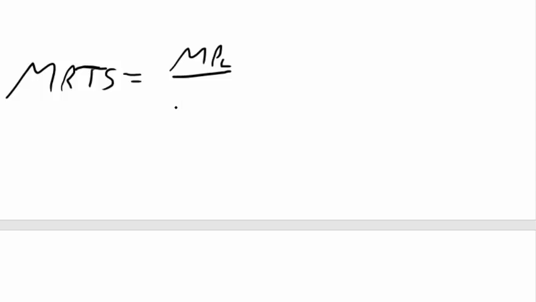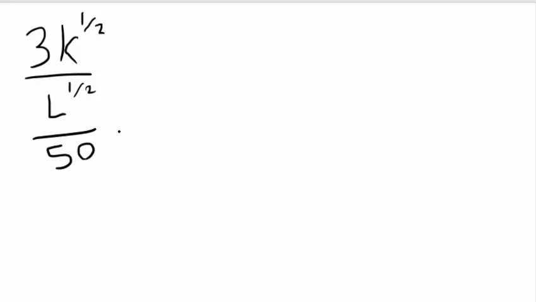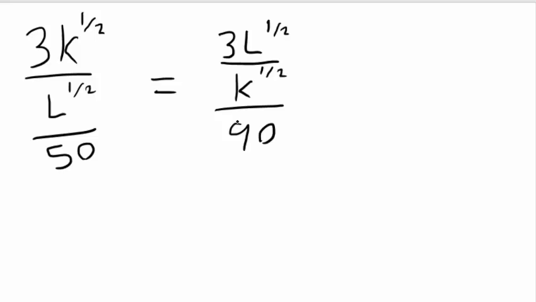And so we can use the relationship stated by the marginal rate of technical substitution, which states the marginal production of labor over the marginal production of capital is equal to the price of labor over the price of capital. So if we start plugging things in to the MRTS, we have 3K to the 1/2 over L to the 1/2, over 50, is equal to 3L to the 1/2 over K to the 1/2, over 90.